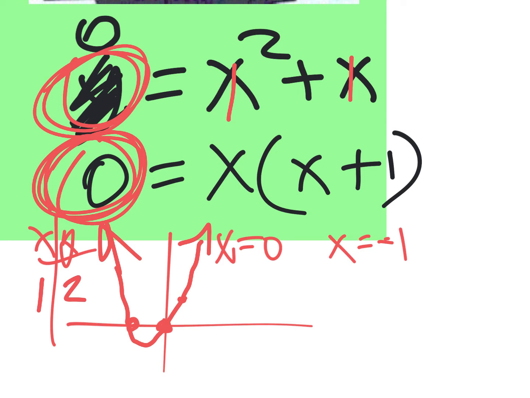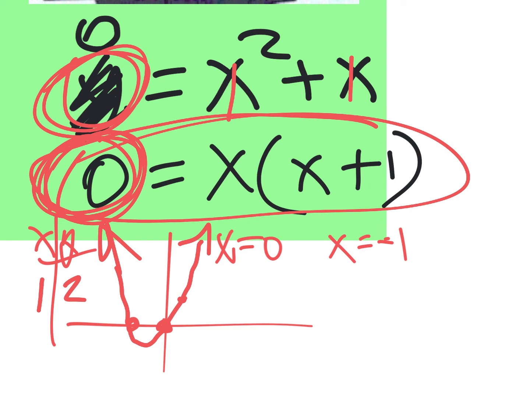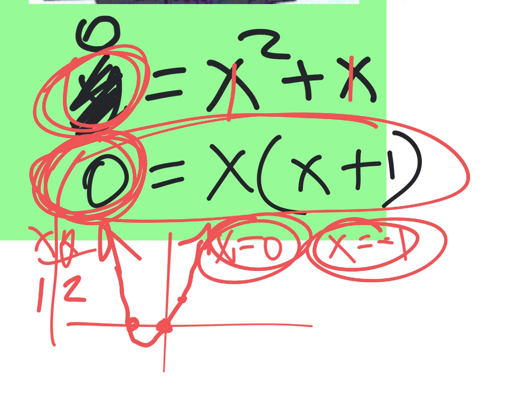All right, so you set it equal to 0, you factor it. What if you can't factor it? Then you can use the quadratic formula. Do you get that big long x equals -b plus or minus square root b squared minus 4ac all over 2a? Would have still worked here. It would have given us the same 2 answers, 0 and -1, but it'd be a lot harder because the quadratic formula got 16 parts.